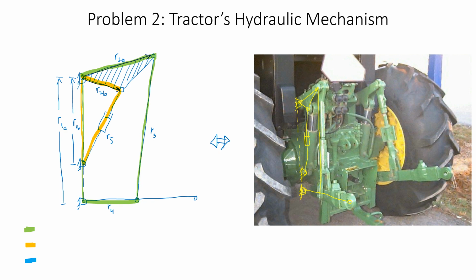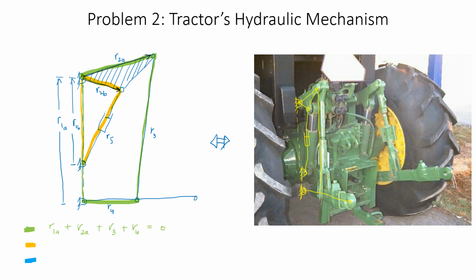The very first one, corresponding to green, is an equation which says that r1a plus r2a plus r3 plus r4 is equal to 0.